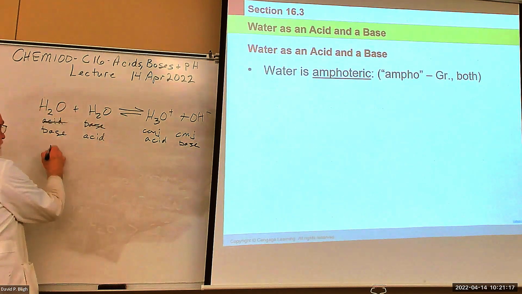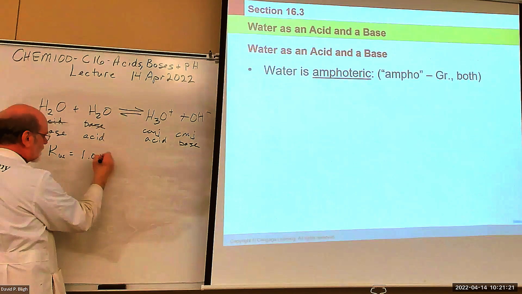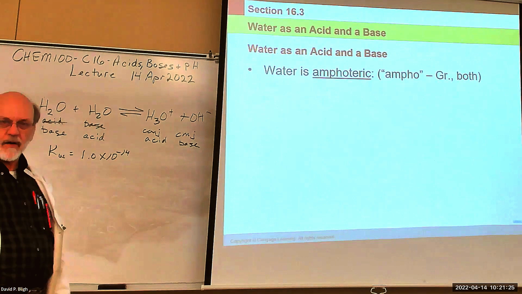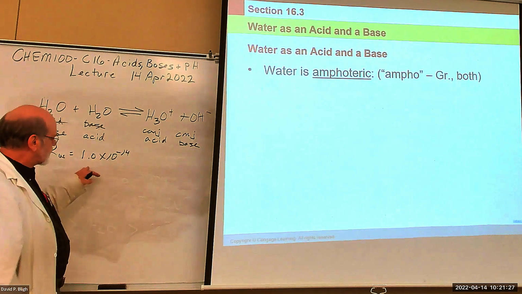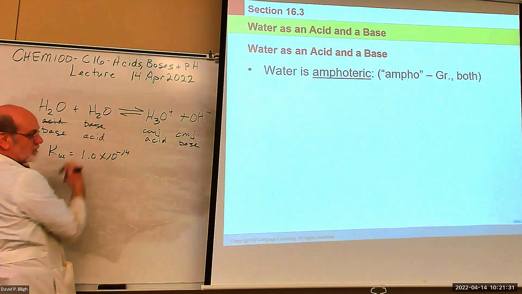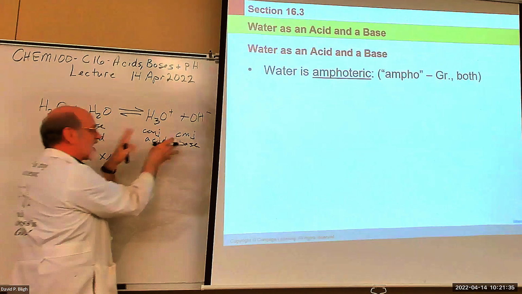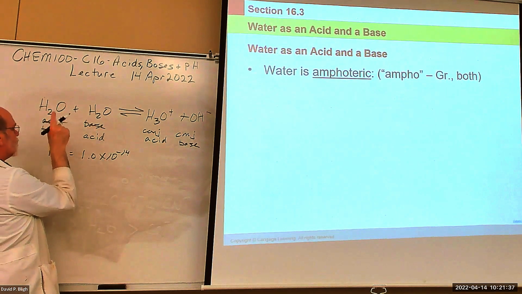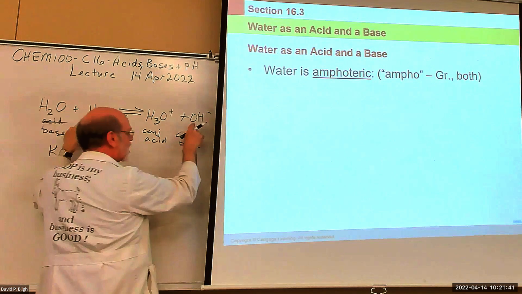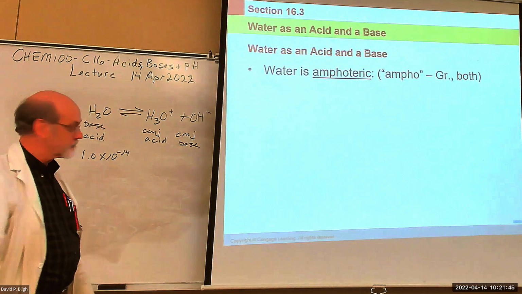Okay, and remember, the Kw for this expression is 1 times 10 to the minus 14. That is a very, very small number. What that means is most of it is over here. You produce just a tiny amount of this, which means this is a very, very weak acid, which makes this a very strong conjugate base.